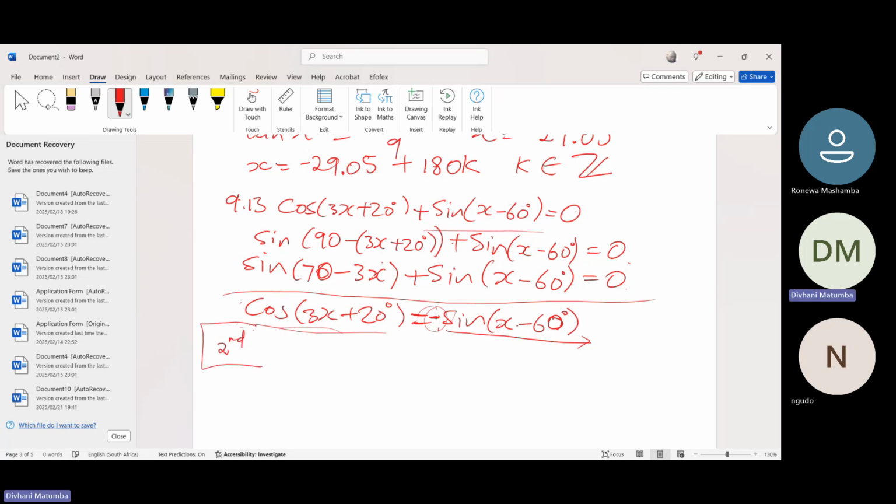It is the second quadrant. Do you agree that the second quadrant will have your cos as negative?